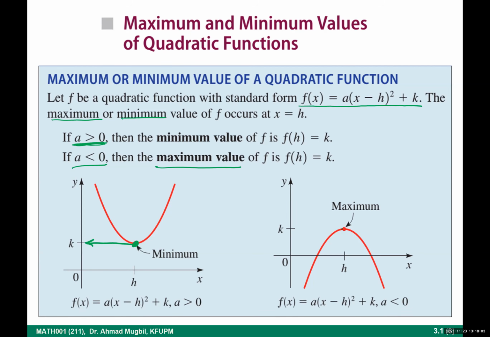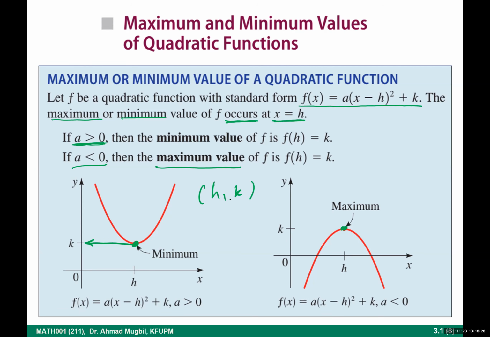It is k, and here the maximum. By the way, where do the maximum and the minimum occur? At x equals h. And what is the value? It is k. What is the relationship between h and k? When you have h and k, they are the coordinates of the vertex. So mathematically, this means what?